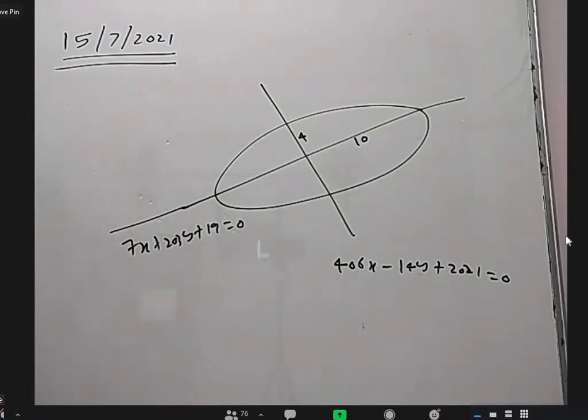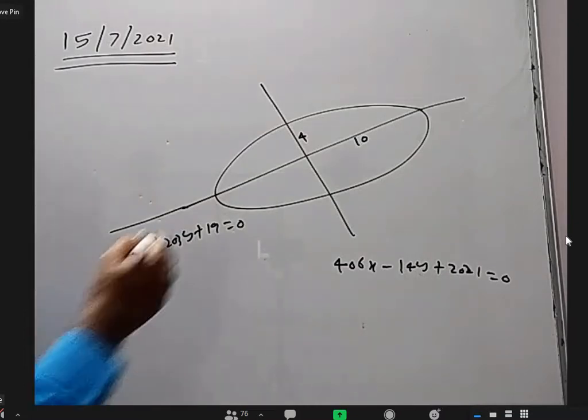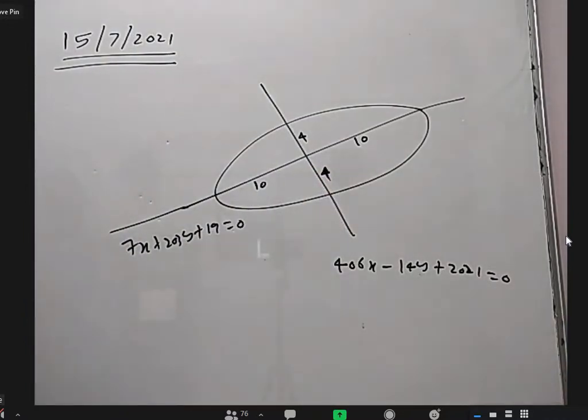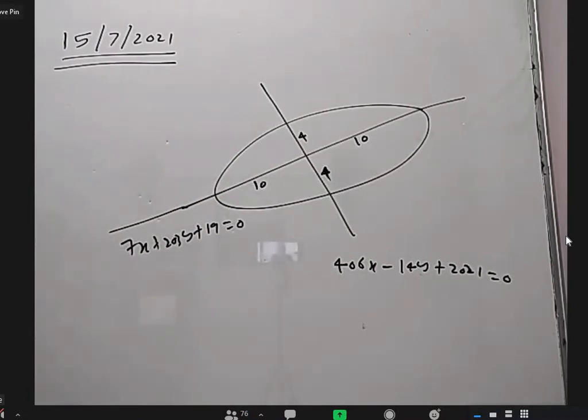Anybody want to give an idea? Major axis is given with equation and length, and minor axis is given with equation and length. How to find the equation of the ellipse? Sir, we'll take the point as x comma y, and the distance from the major axis line, whole square, by the semi-major axis whole square, plus the distance from the minor axis whole square by semi-minor axis whole square, equal to 1.